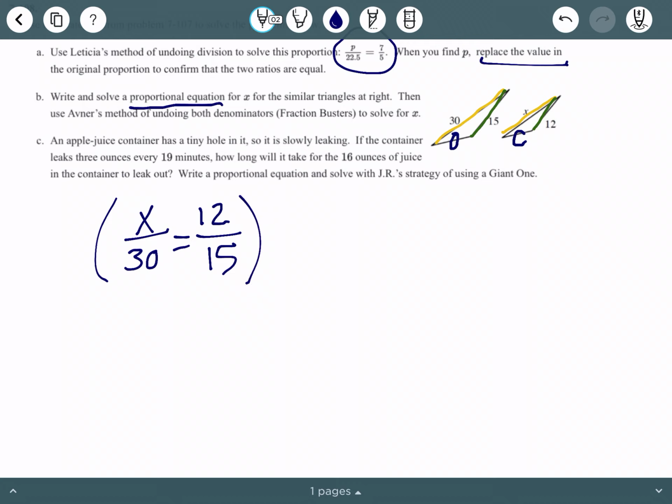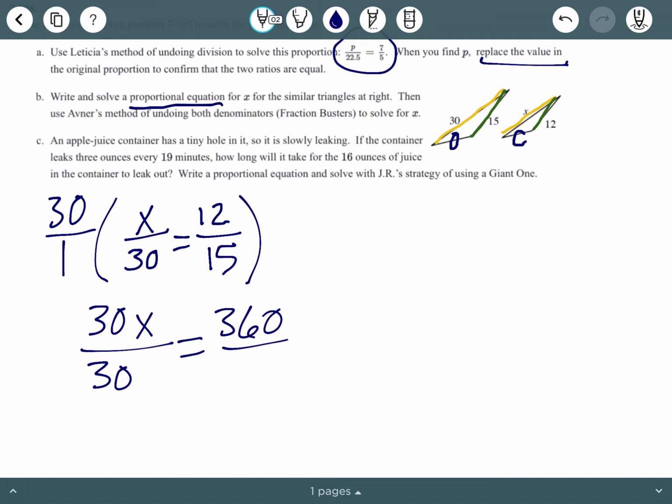I'm going to multiply everything in my equation by 30 over 1. So 30 times x gives me 30x. 1 times 30 gives me 30. We'll set that equal to 30 times 12, and that's going to give me 360. And 1 times 15, which is 15.